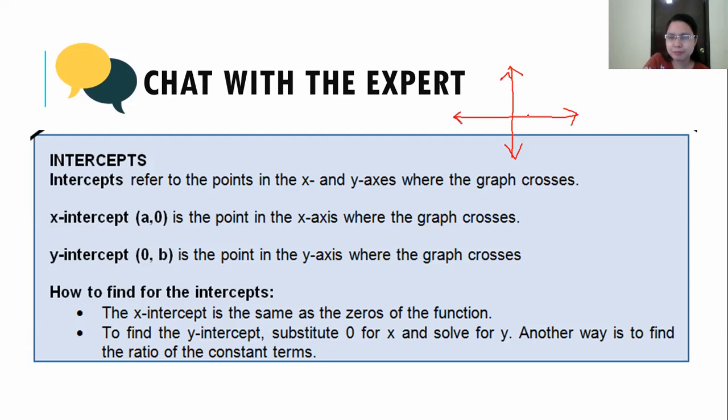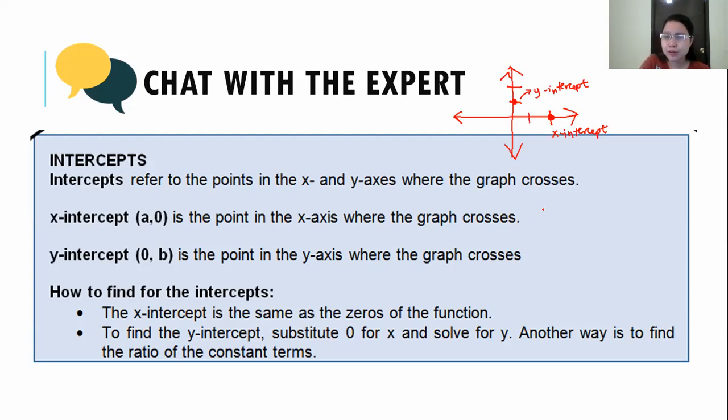So for example, if this point crosses the x axis, we call it the x-intercept. If this point crosses the y-axis, we call it the y-intercept.